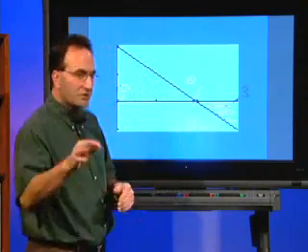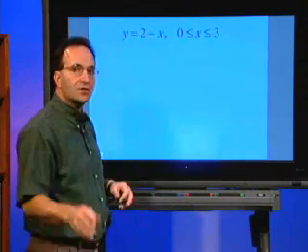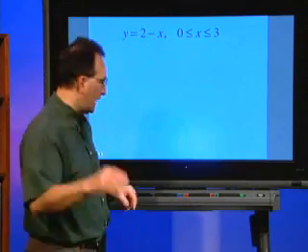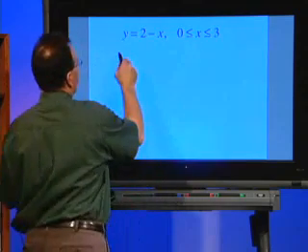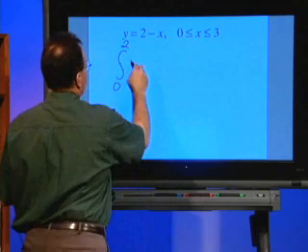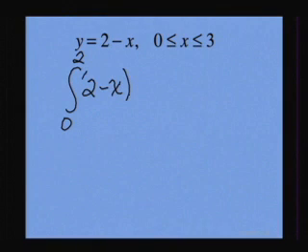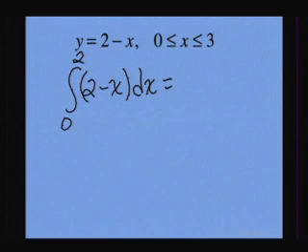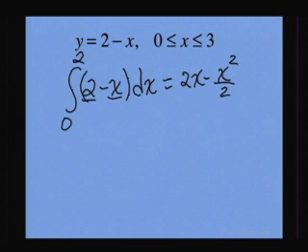So let's forge ahead and take a look at integrating this. We have y equals 2 minus x, and that's going to be the first integral from 0 to 2 of 2 minus x dx. That's going to be equal to, the integral of 2 is, of course, 2x. The integral of x is x squared over 2, and we want to evaluate that from 0 to 2.